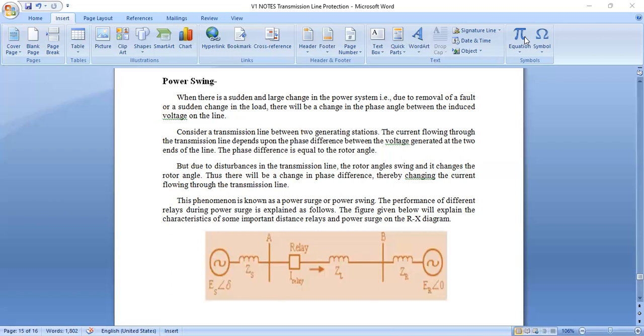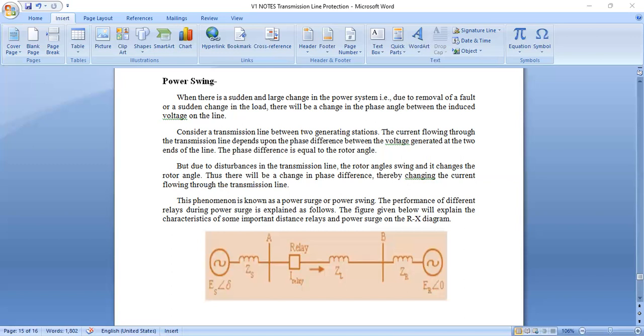First, what is the definition of the power swing and what is the importance of the power swing? I will explain shortly. When there is a sudden and large change in the power system, due to the removal of a fault or a sudden change in the load, there will be a change in the phase angle between the induced voltages on the line.